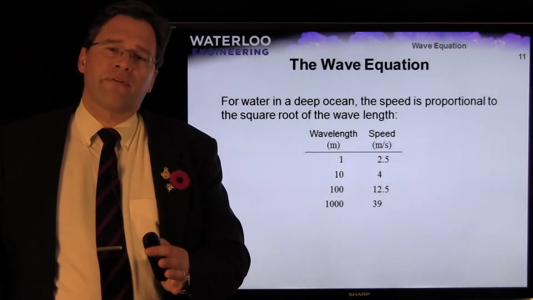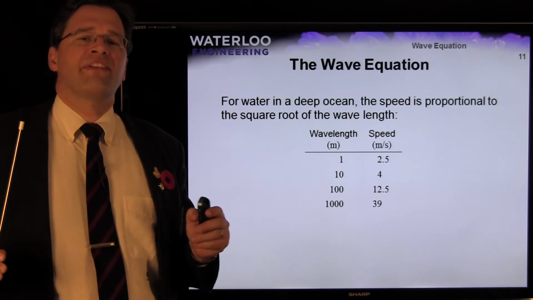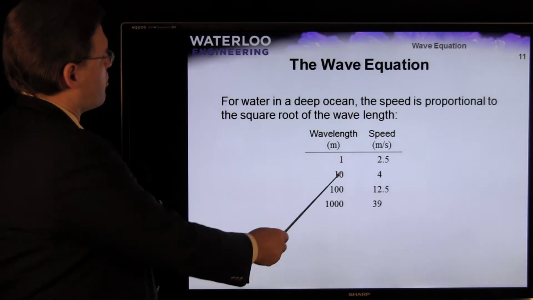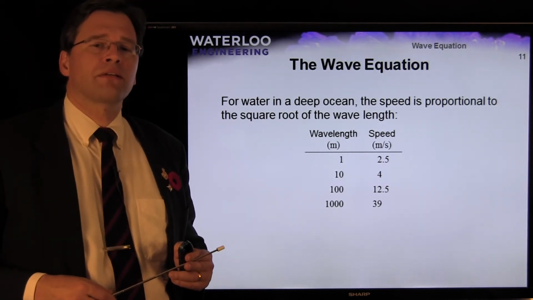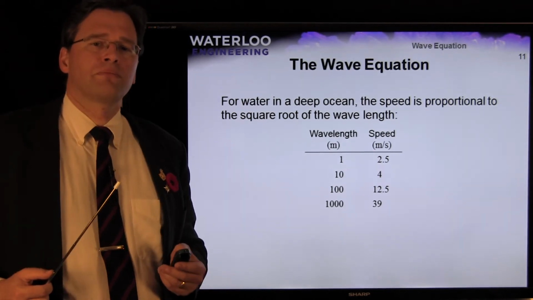In oceans, however, the speed of a wave is proportional to the square root of the wavelength. So, if the wavelength is 1 meter, then the speed is going to be about 2.5 meters per second. Well, that might be what you see on a beach.